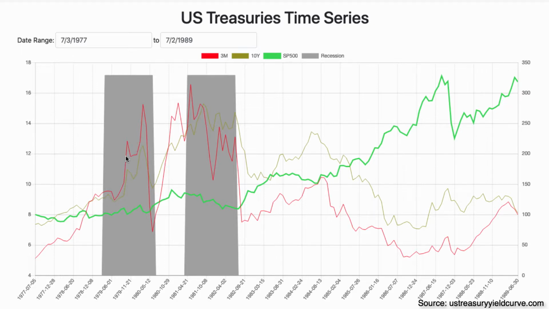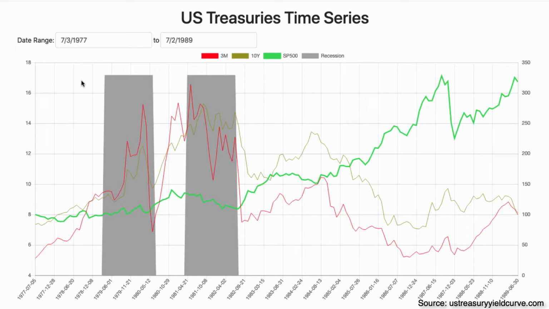And then it gets more extreme as you're going into the recession. And then the interest rate curve seems to normalize a bit towards the end of that recession. And then the economy dips again. And then you have another yield curve inversion predicting the 1981 recession.